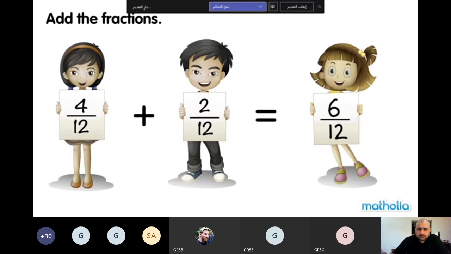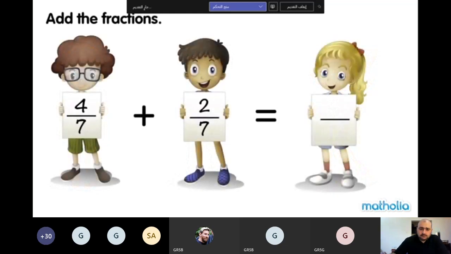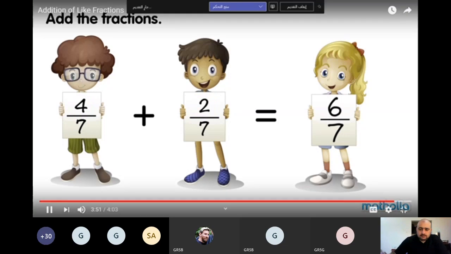So 4 twelfths plus 2 twelfths equals 6 twelfths. Add the fractions. Let's find 4 sevenths plus 2 sevenths. The denominators are the same, so we add the numerators. 4 plus 2 equals 6. 4 sevenths plus 2 sevenths equals 6 sevenths.